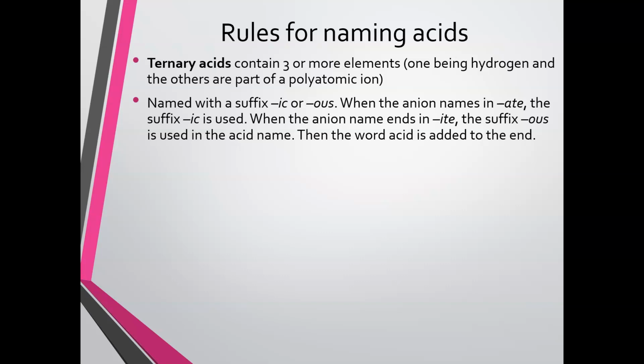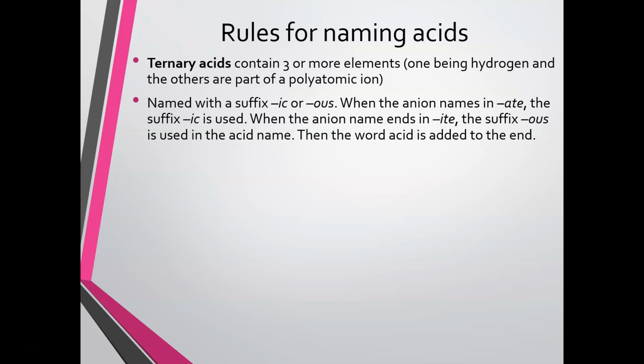So they're named with the suffix ic or us. When anions end in ate, the suffix becomes ic, so sulfate, phosphate, carbonate. We hack off the ate and change it to an ic, so sulfic, phosphic, carbonic.